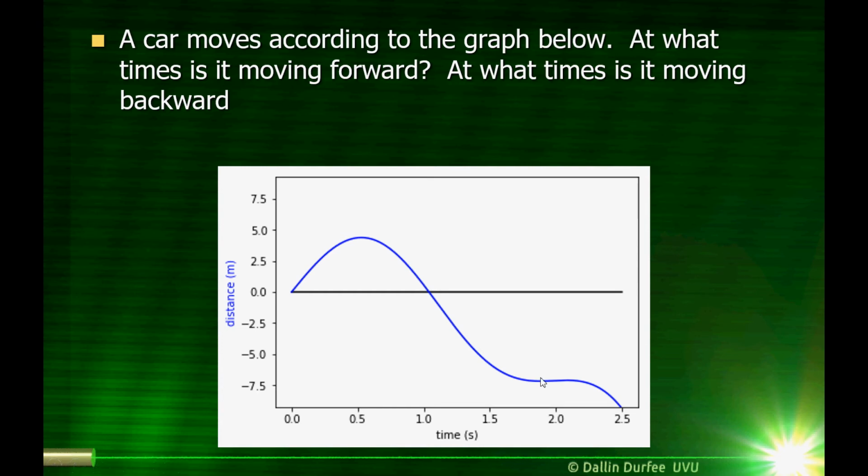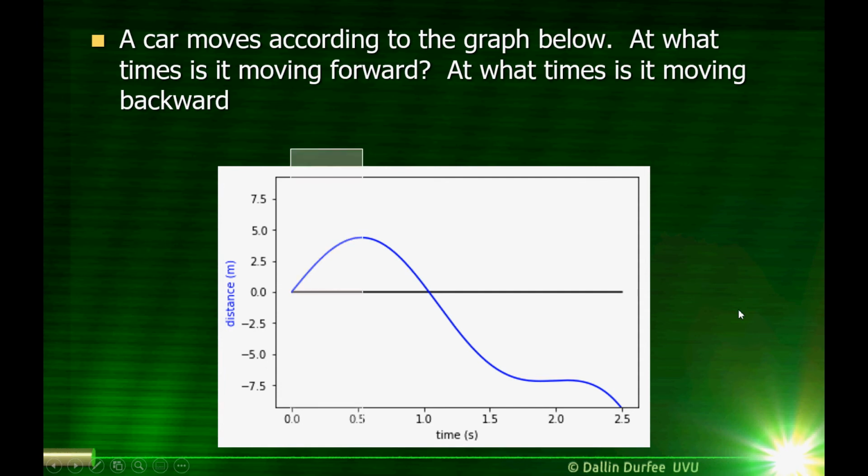But whether the position is positive or negative does not tell me whether the velocity is positive or negative. The velocity is how fast position is changing with time. So right here, the car with time is moving further away. And then right here, it stops and it starts moving backwards. Right here, it goes forward for just a little bit, and then it turns and it goes backwards again.